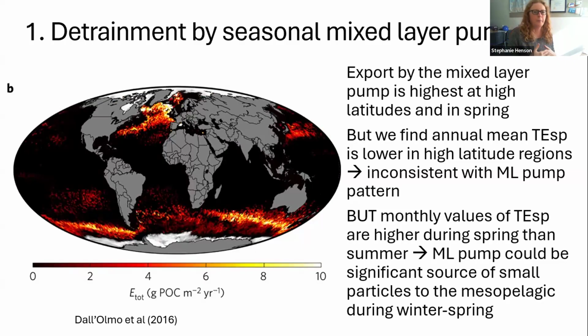That's inconsistent with the pattern that we're seeing in this mixed layer pump driven export that you can see on the left there. However, we do find that monthly values of TESP, if we break it down month by month, are higher during spring than summer in some regions. So the mixed layer pump could be a significant source of small particles during that winter-spring transition.